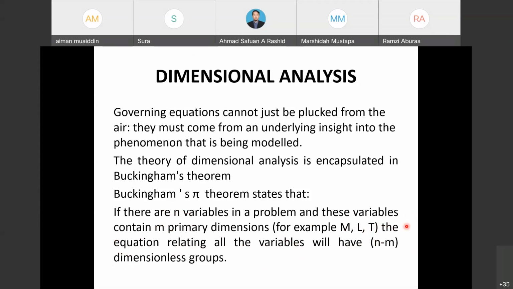I will explain later based on an example. So we need to create, for example, 9 minus 2, so we need to create 7 dimensionless equations. That is the idea from this dimensional analysis.